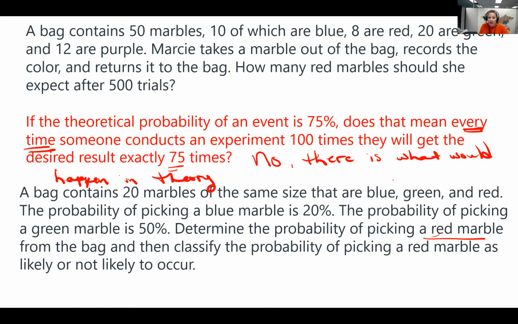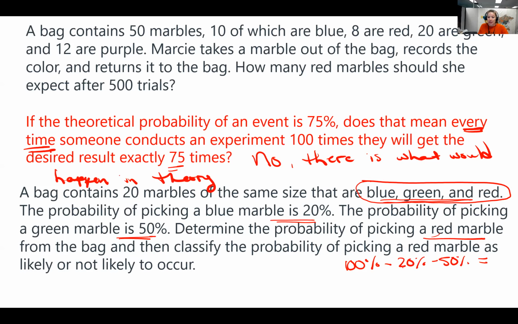All right, so we have the color of all of the marbles. So these 3 colors make up 100% of the marbles in the bag, right? Well, the probability of pulling out a blue is 20%. So if we subtract away 20%, and then the green marble, we have a 50% probability of pulling out a green marble.